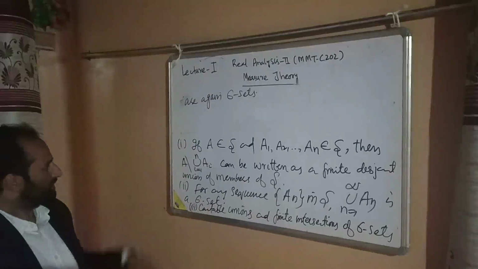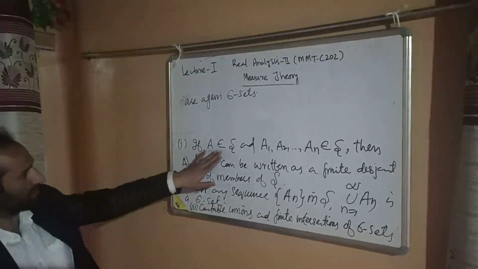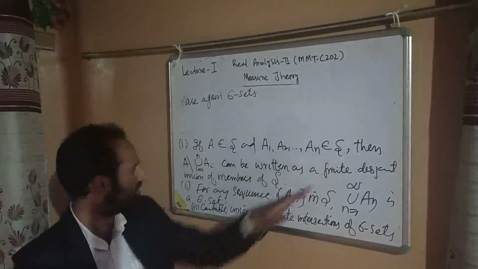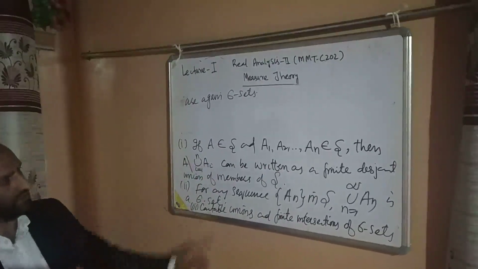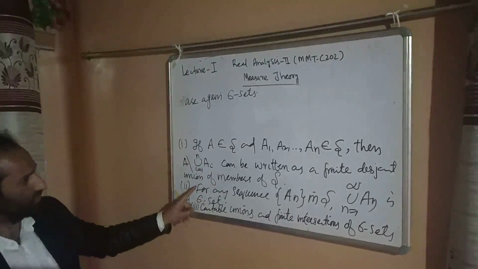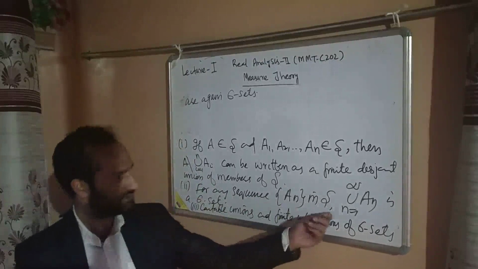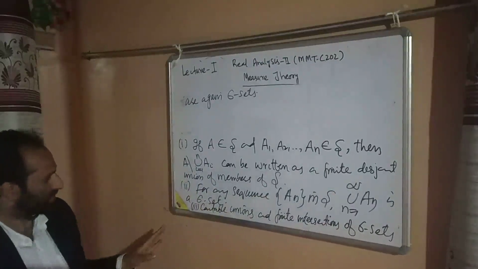So we prove these three properties for a semiring S. If S is a semiring and A is a member of S, and if I choose any n members of S, then A minus the union of A_i, i runs from 1 to n, can be written as a finite disjoint union of members of S. And for any sequence A_n in S, the union of A_n, n runs from 1 to infinity, is a sigma set.